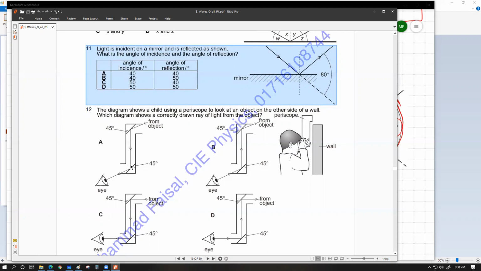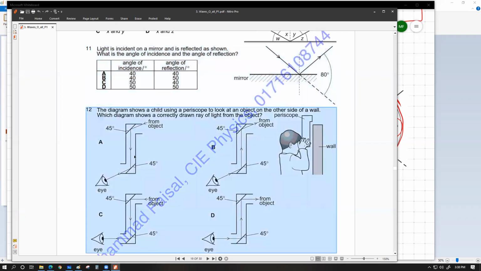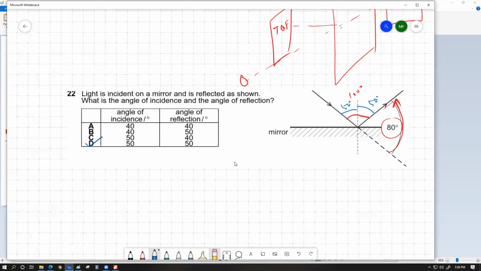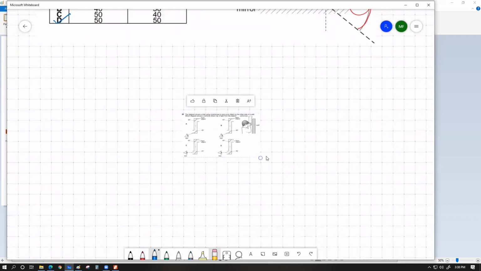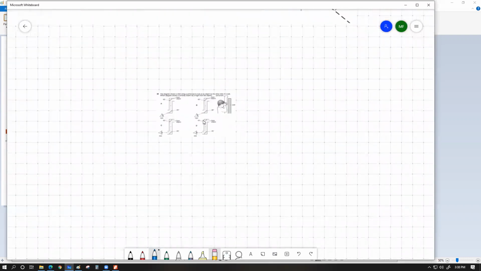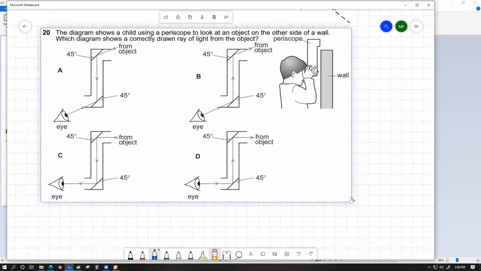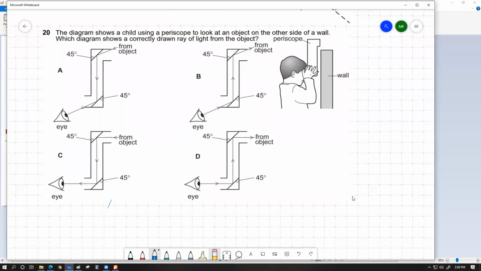If you just try to visualize these two angles, let me just copy this, this one and also this one, if you compare these two, you should know that they are not equal. So that makes A not acceptable. So C is the only correct choice.